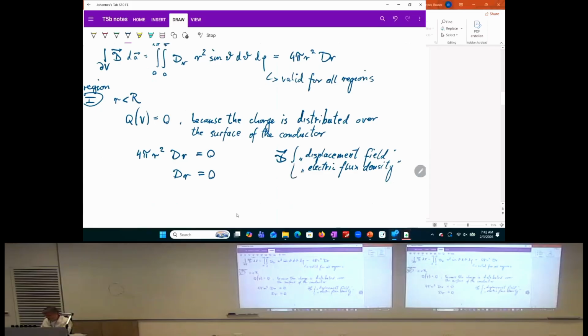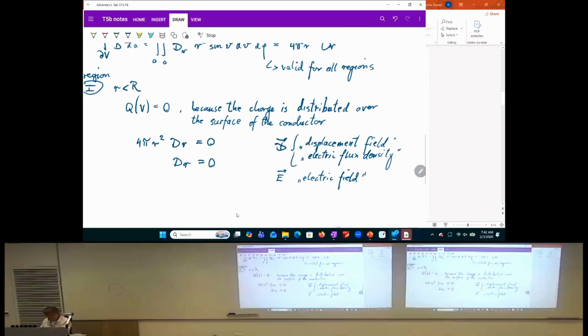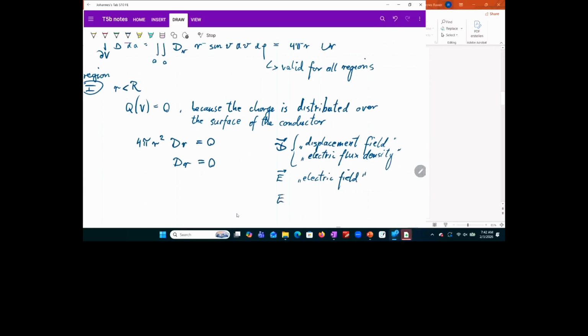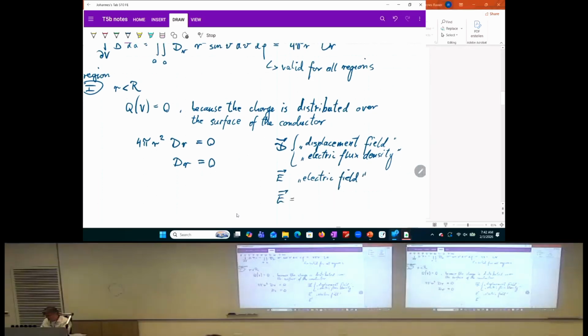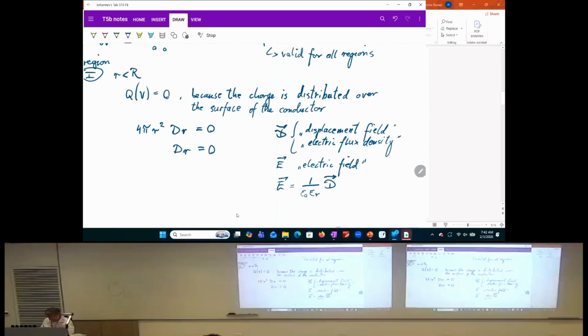Then E is our electric field. And they are related through the permittivity, which is a material parameter. Epsilon 0 is the permittivity of free space, of vacuum. So as a consequence, because our electric flux density is 0, also our electric field is 0.